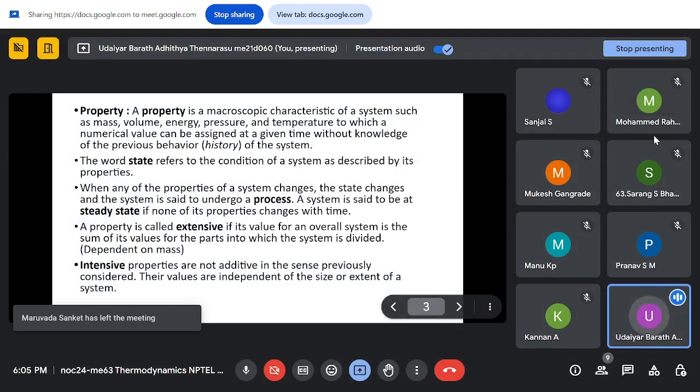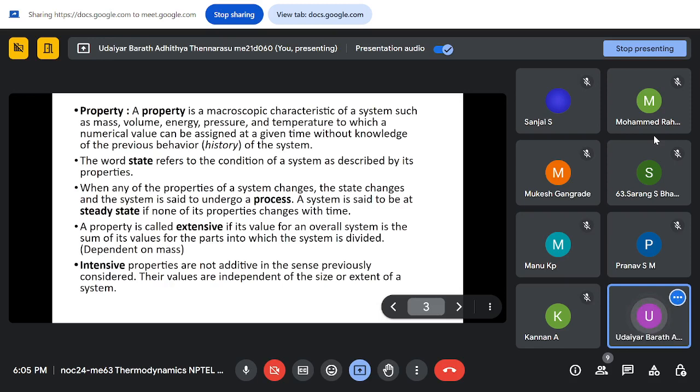If you ask a person where they are, or you define the state of a person, they'll say I'm at this location. That is kind of a state. Similarly, a system is also defined by a state.